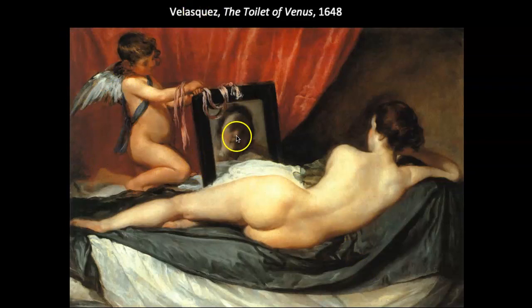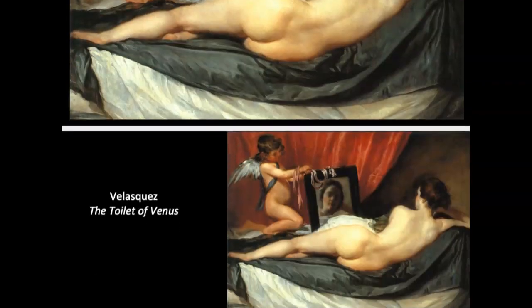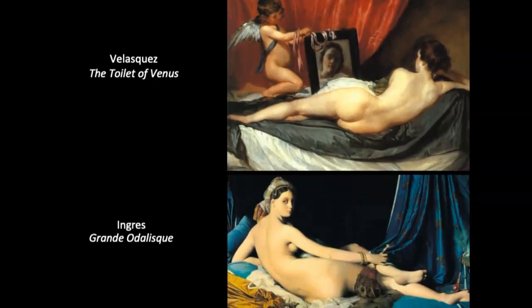But Velázquez is also giving us this double look, because we can see her and she is watching us. Ooh. So you see the connection here? Velázquez has done this 200 years prior. And Ingres in the Grande Odalisque is simply calling back to the greatness of Velázquez.